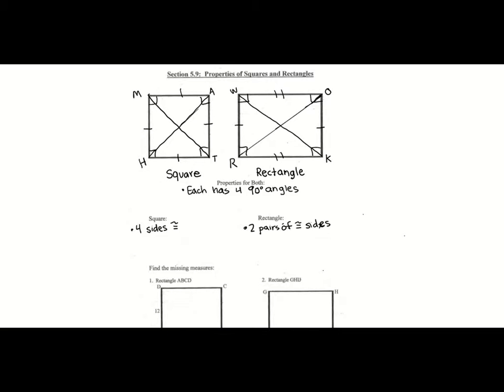Then we also know that our diagonals in both our shapes are congruent and they bisect each other. So our lines MT and AH are congruent and bisect each other.